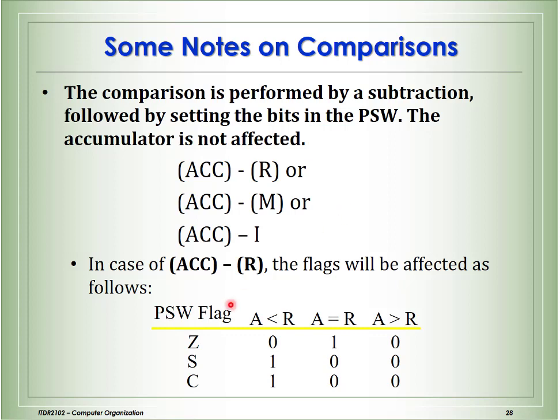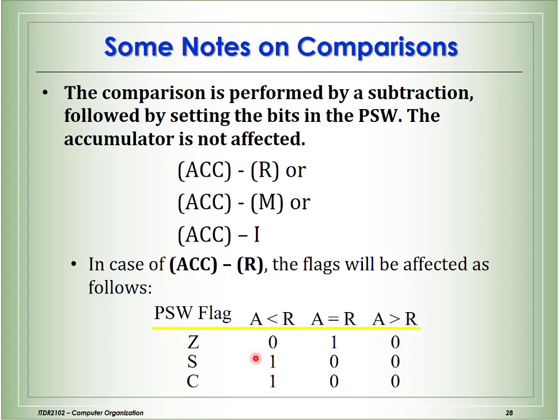Here you can see these program status word flags: zero bit, sign bit, and carry bit. We consider when the content of the accumulator is less than the register, equal to the register, and greater than the register.